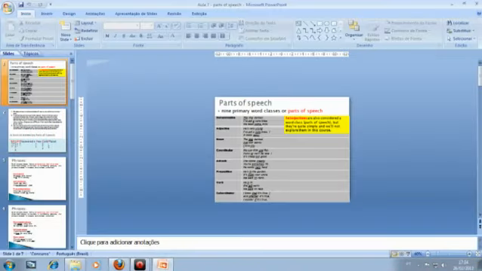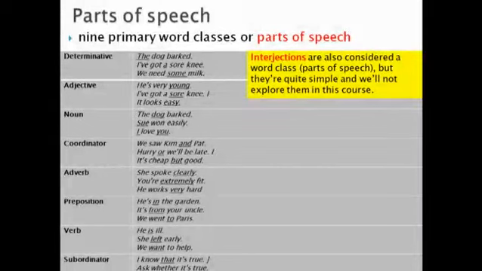Now we are talking about the parts of speech. As we saw, there are 9 primary word classes or parts of speech, but we decided not to approach the interjections, so we are dealing with 8 parts of speech.